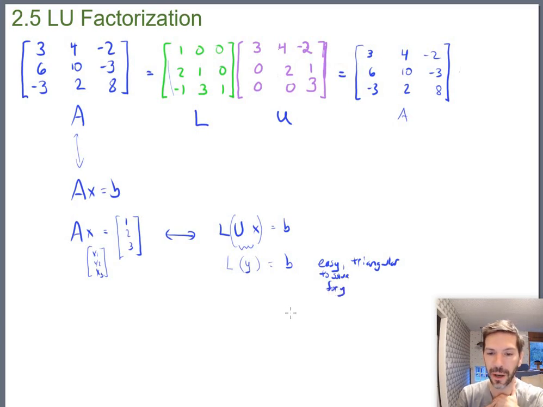And once we know what y is equal to, we can say, okay, I've got y, but keep in mind that y was just a nickname for u times x. So once I've solved y, I can solve ux equals y, and this u is also triangular, so this is also easy.